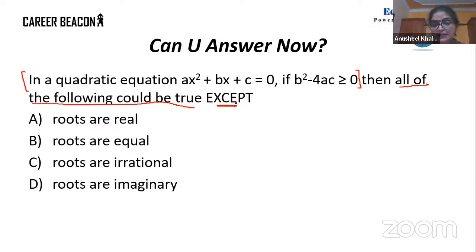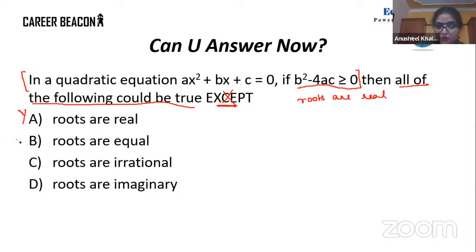To answer such questions, we can just strike out this word and answer the question: all of the following could be true. Whichever is true, we'll put a Y against it, and whichever is not true, we'll put N against it, right? And we'll pick the odd one. Now we know if b square minus 4ac is greater than or equal to 0, then the roots are real. So A can be the correct answer. Roots are equal.